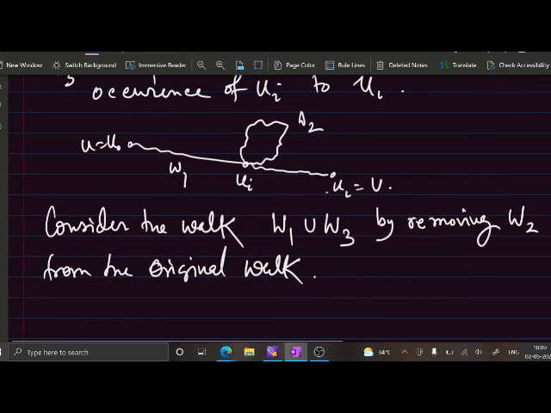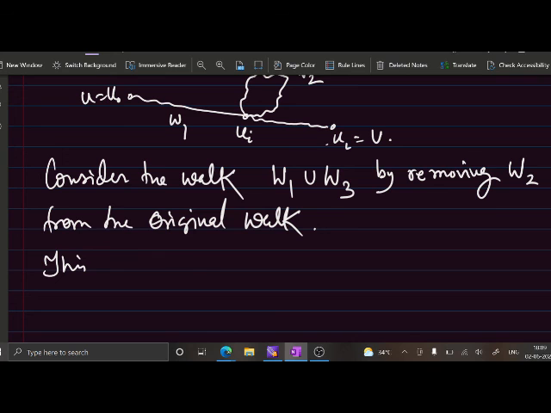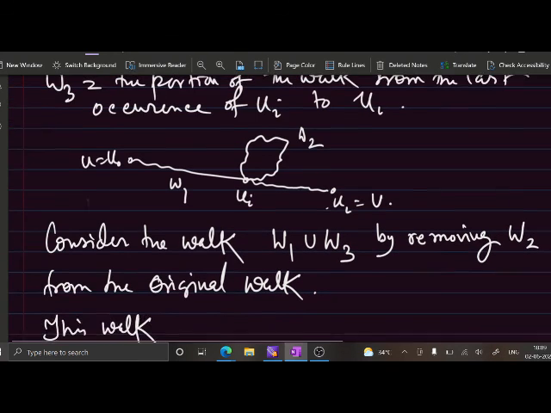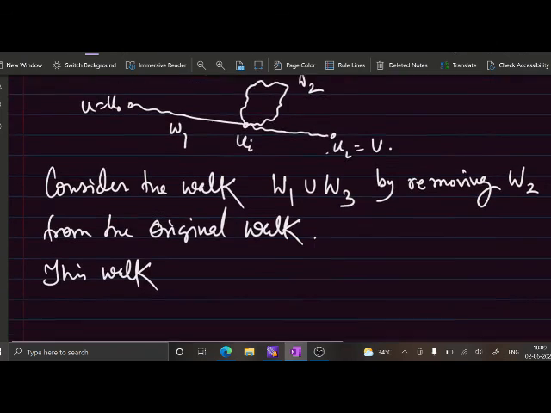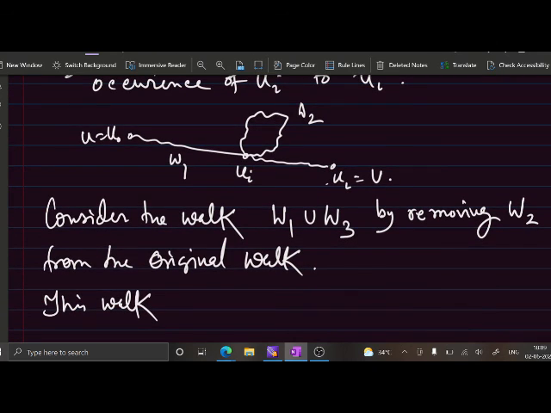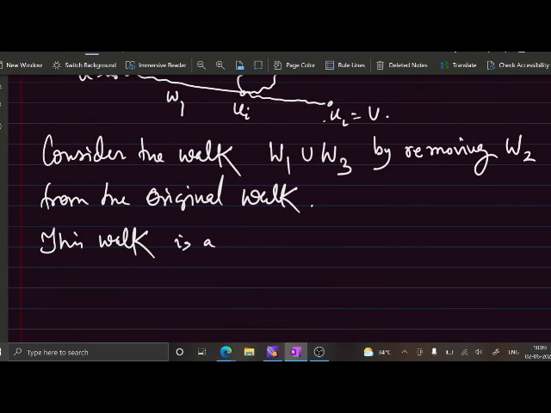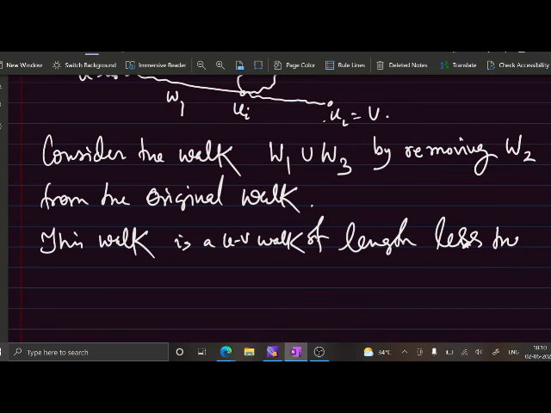Since we have omitted this part, and the original walk was of length L, by removing W2 the resulting walk must be of length less than L. So this is a UV walk of length less than L, right?